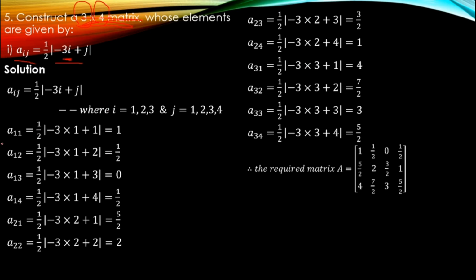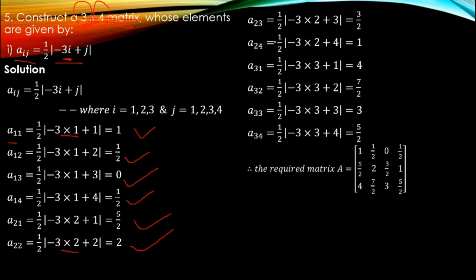So when we solve a11, half, when you substitute the values of i and j, you get half of modulus of minus 3 plus 1, which is negative 2, modulus of negative 2 is 2, so 2 by 2 is 1. a12, when we solve, we get half. a13, when we solve, we get 0. a14 is half. a21 is 5 by 2. a22 is minus 6 plus 2, which is minus 4. Minus 4 modulus is 4. 4 by 2 is 2.